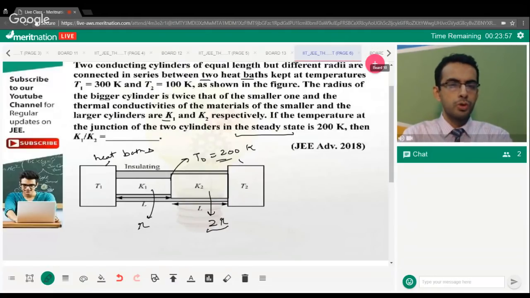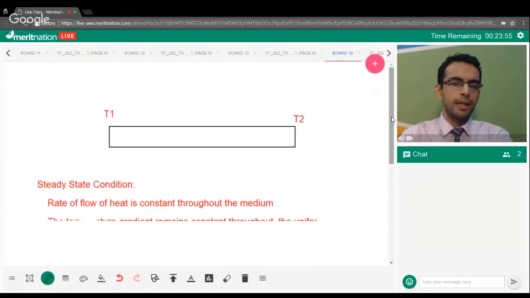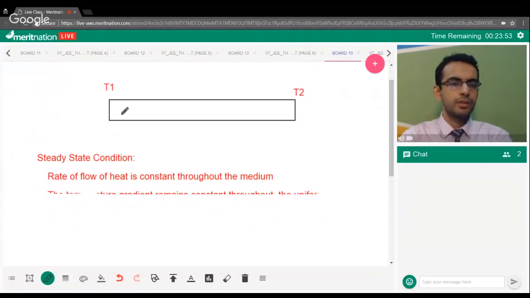So students, you should know what is steady state. Suppose this is your rod. In this rod, at a steady state, the rate of flow of heat is constant throughout the medium. So dq by dt is constant throughout the medium.